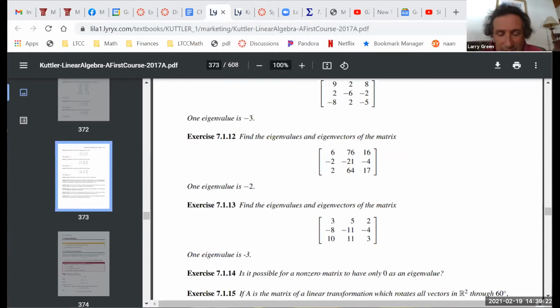So we're going to take 6 minus lambda times negative (21 minus lambda) times (17 minus lambda). I'm going to just save some time and make that (21 plus lambda) times (lambda minus 17).